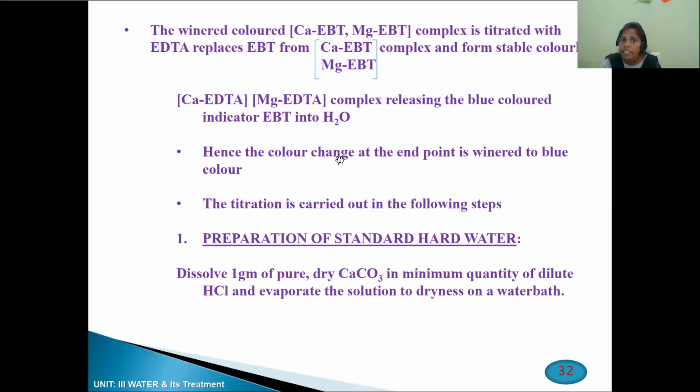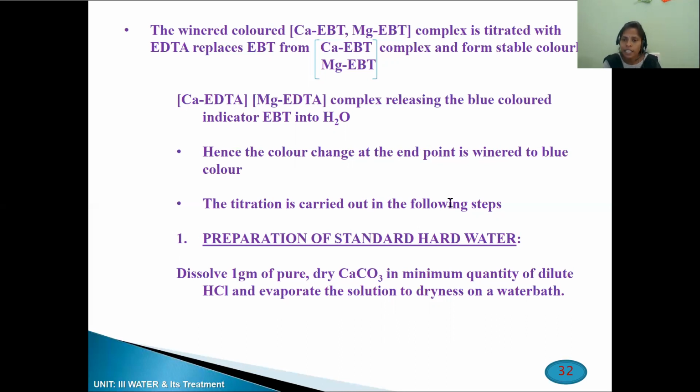Hence the color change at the end point is wine red to blue. Initially we got the wine red unstable complex, which is titrated with the EDTA till the color changes to blue. So this is the basic principle involved in this experiment.